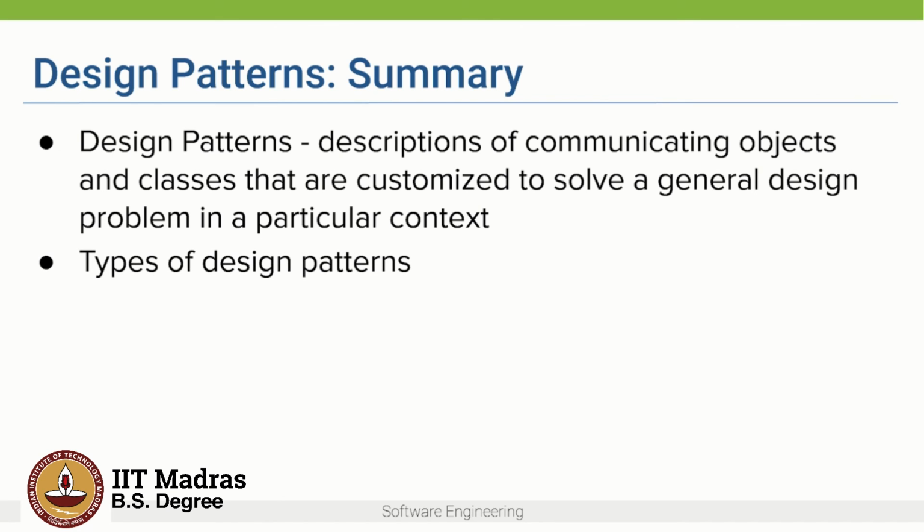And we saw different types of design patterns: creational, structural, and behavioral design patterns. We saw some examples of each of these. There are around 23 such design patterns, and we will not be covering all of them in this course.